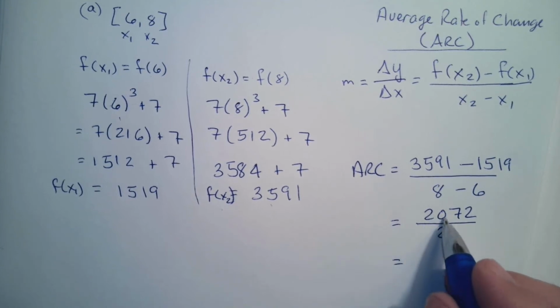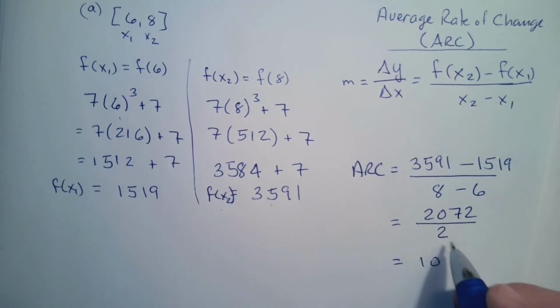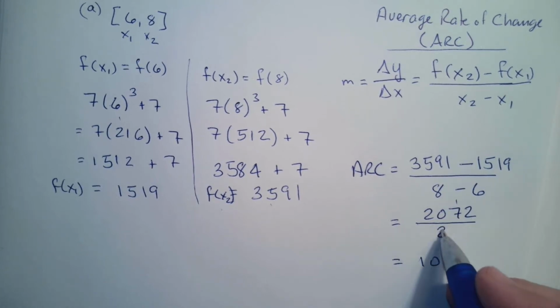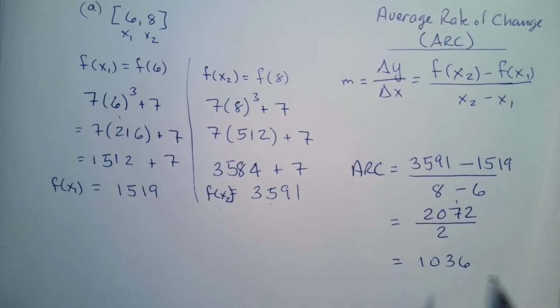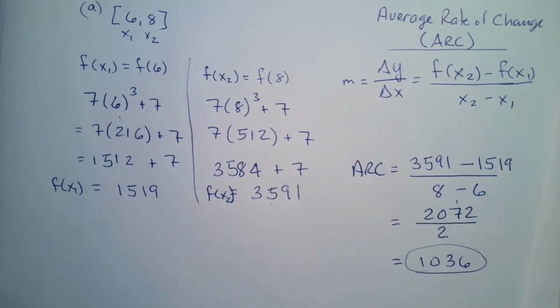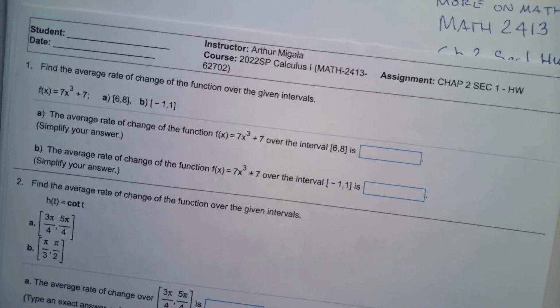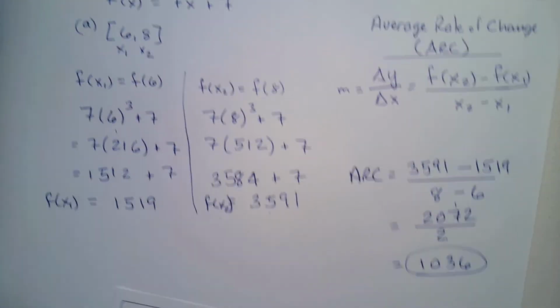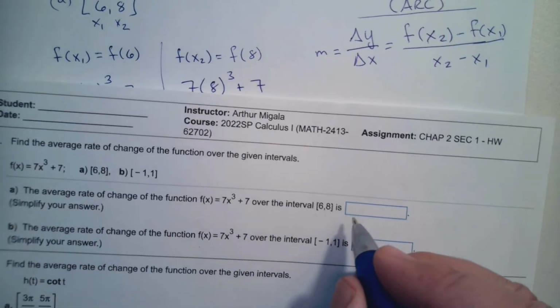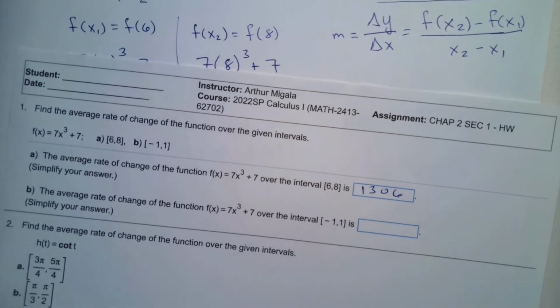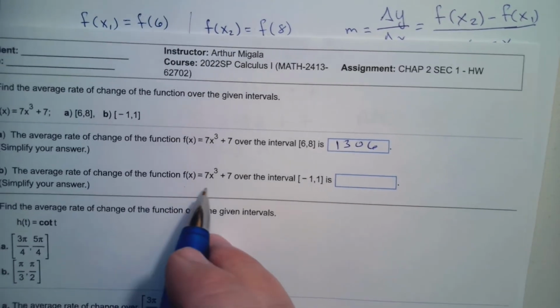So 2 goes into 20 10 times. 2 goes into 7 3 times with 1 left over. 2 goes into 12 6 times. So the average rate of change is 1036. So that actually goes here.